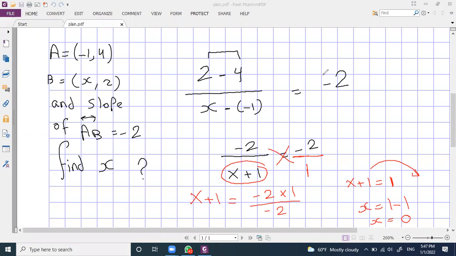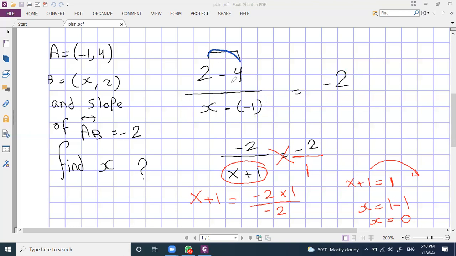Okay. What is given for us in this example? I have the slope. The slope is -2. And I'm asking you now, how can you find the slope? y2 minus y1 over x2 minus x1, as I did here: 2 minus 4 over x minus -1 equals -2.